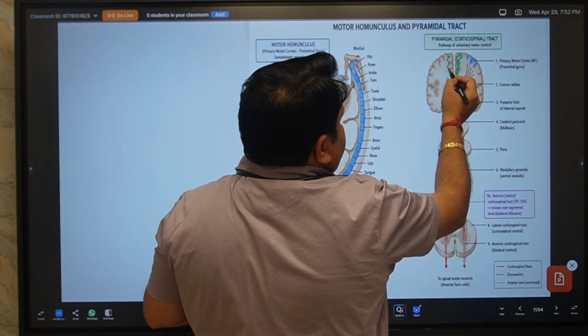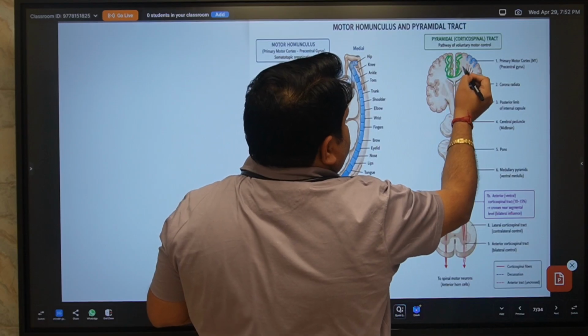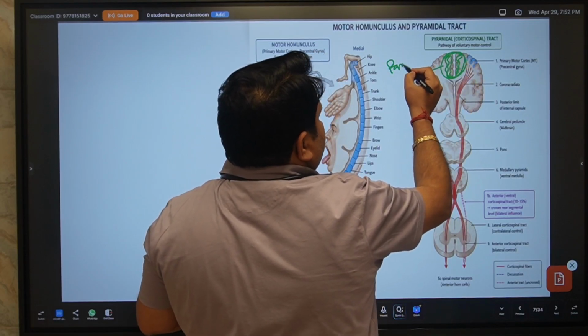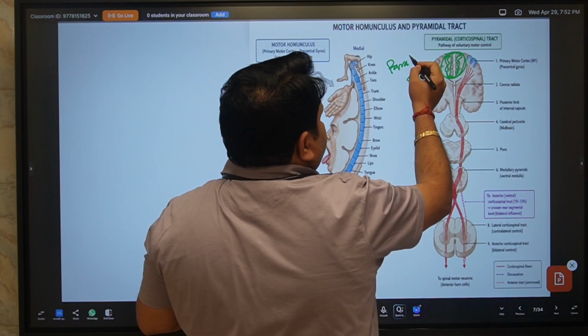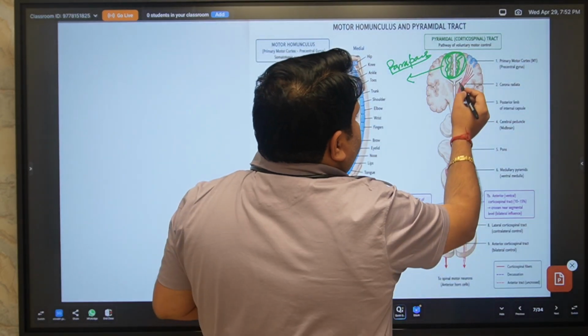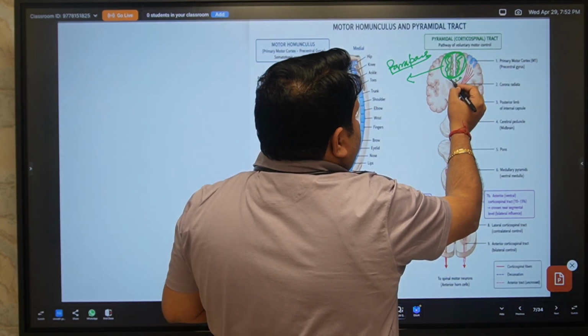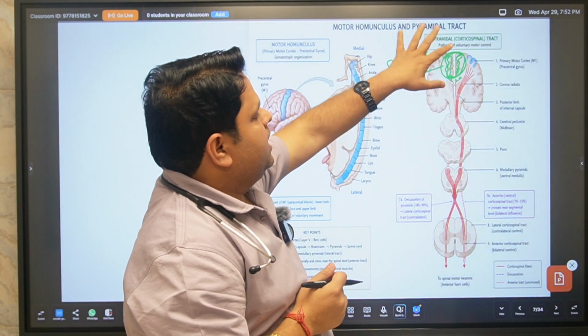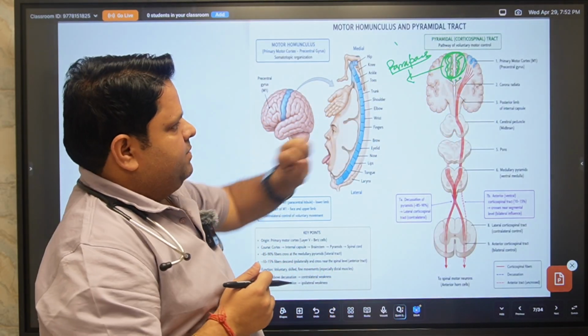So if there is bilateral involvement of this area, it causes cortical paraparesis. And nearby this area is also the area of bladder control, so early bladder involvement is seen in cortical paraparesis.